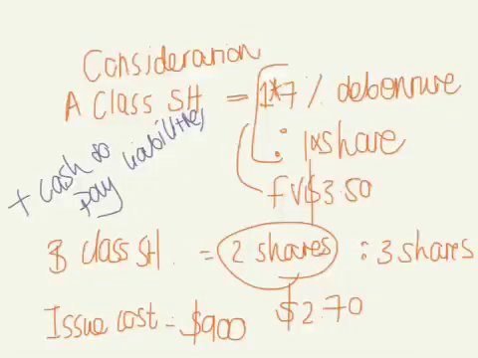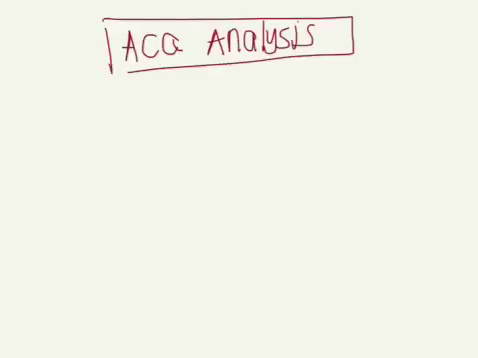So where do we start with business combinations? The first step, of course, is the acquisition analysis. I'm sure if I ask you now what the purpose of the acquisition analysis is, you'll be able to give me the answer straight away.